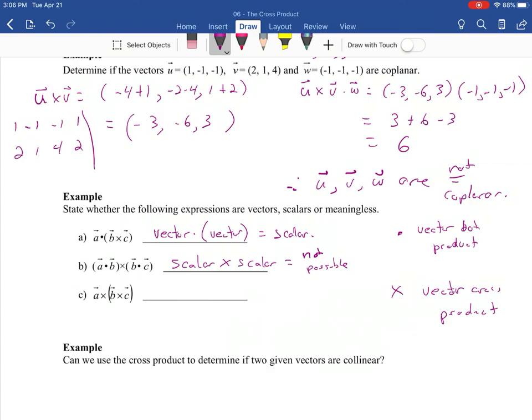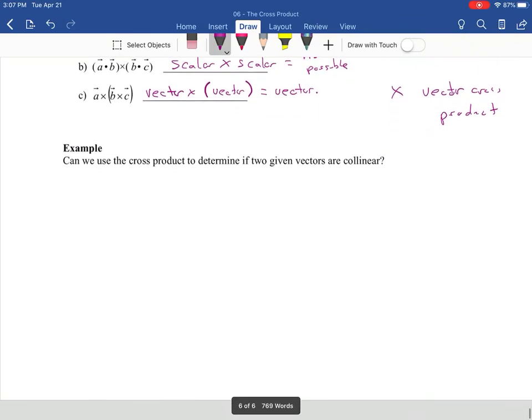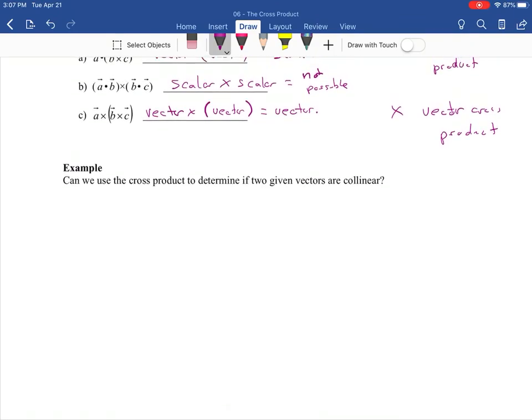You can't take a scalar and cross product it with another scalar. That's not a thing. You say, oh, well, that means multiply. I could just switch to multiply. No. When we're doing vectors, those symbols mean exactly what we write. They mean dot product and cross product. This one, vector crossed with, well, B cross C will be a vector. And when I cross product a vector with a vector, I get another vector.